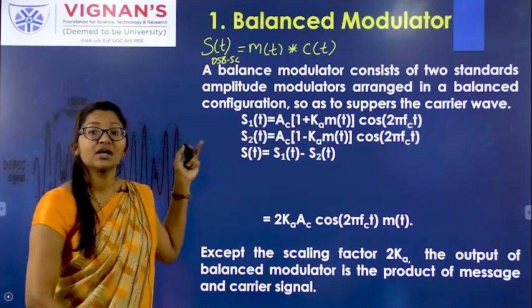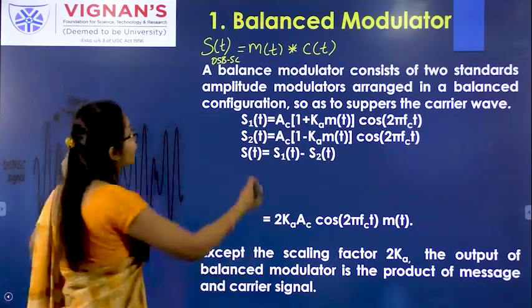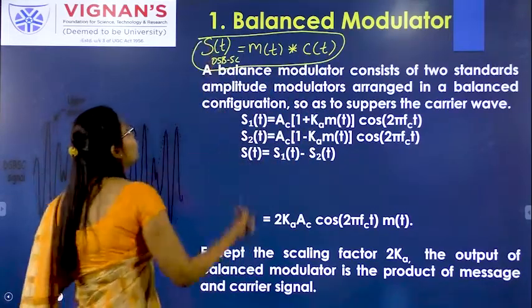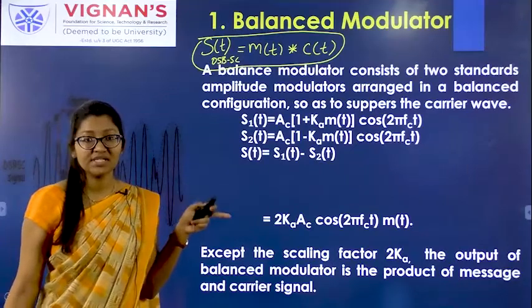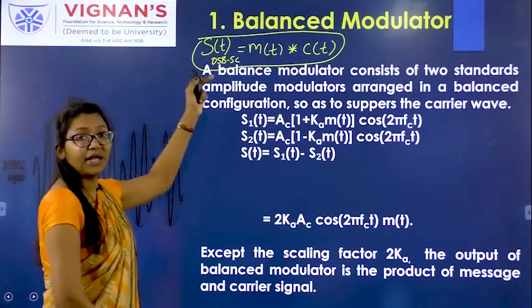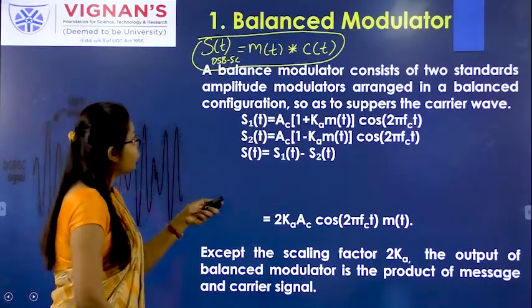This is the time domain representation of DSB-SC, which is the product of the message signal and the carrier signal. Now you have to obtain this mathematical expression. So how are we obtaining it?